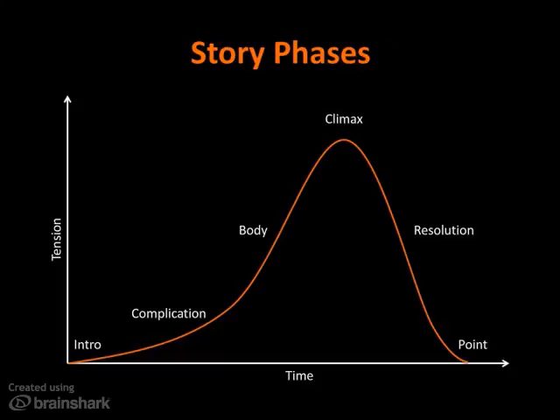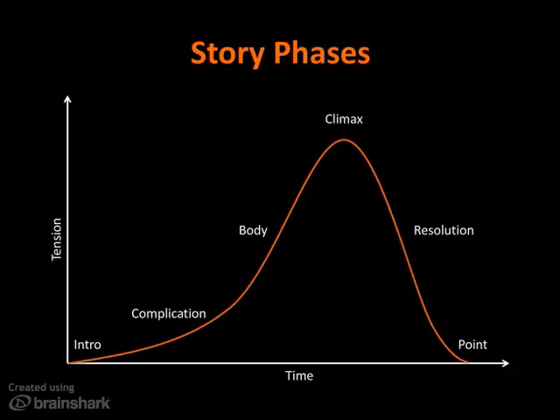The third method for how you can structure your story is based on story phases. This is the classical structure: how the story starts, how the tension grows, and how it finally calms down after the climax.